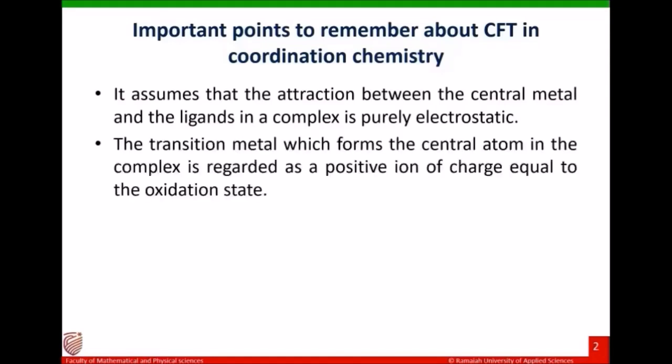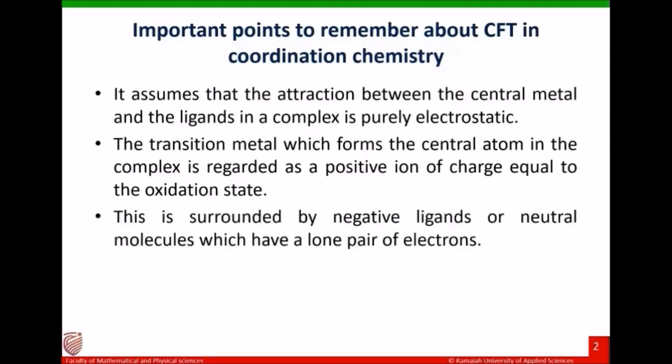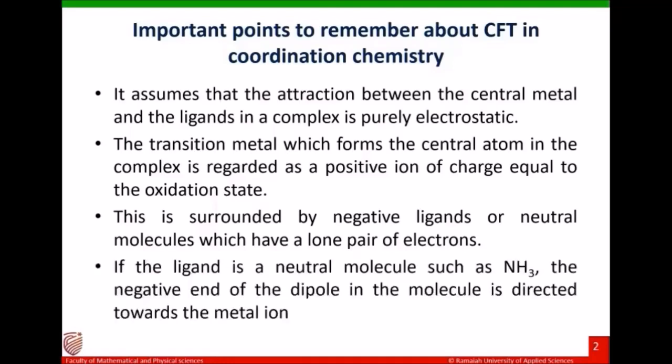The transition metal which forms the central atom in the complex is regarded as a positive ion of charge equal to its oxidation state. This is surrounded by negative ligands or neutral molecules which have lone pairs of electrons. If the ligand is a neutral molecule such as ammonia, the negative end of the dipole in the molecule is directed towards the metal ion.